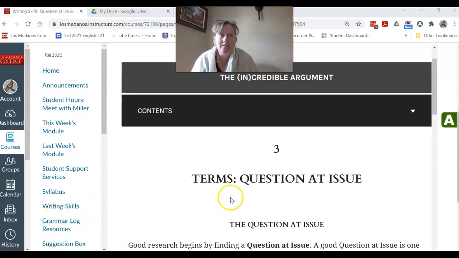When you're creating an argument, you're not just responding in a general sense. In our case, we're talking about free speech, but the way in which you form your argument about free speech comes down to the type of claim that you're trying to make.